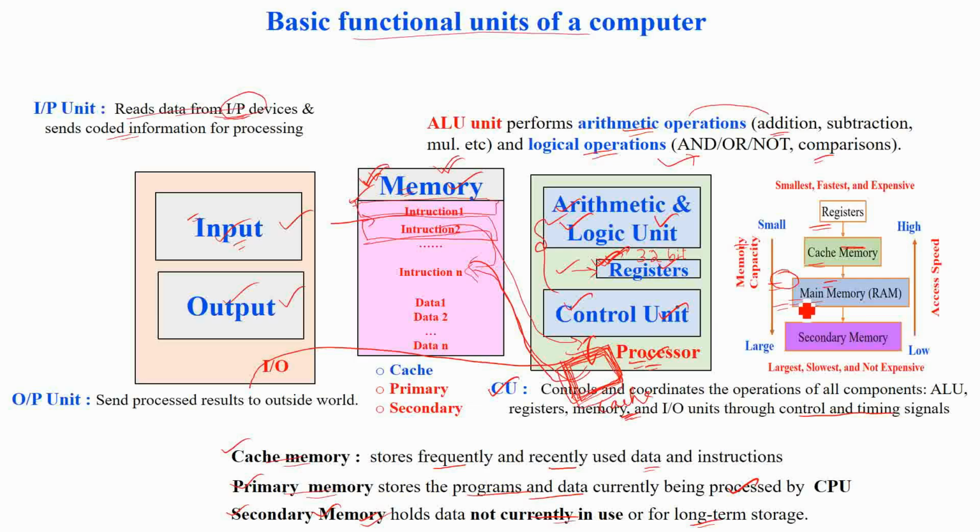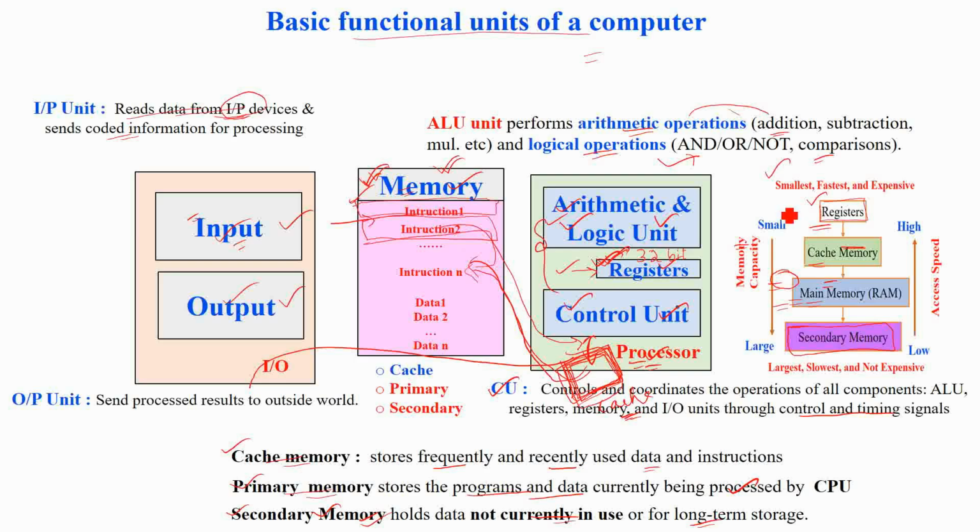Okay, one more important concept that you need to remember while learning functional units of a computer is memory hierarchy. Here the memory hierarchy is illustrated in this diagram. All the memory units including registers are arranged in the memory hierarchy. If you look at it, the smallest memory unit, the register, is at the top, and the biggest memory unit is at the bottom.